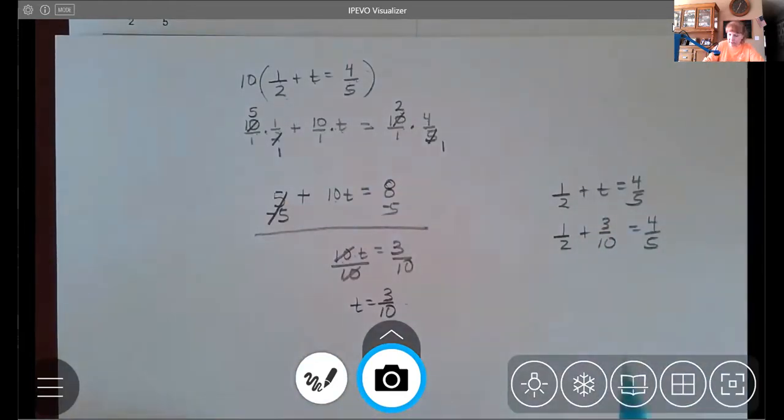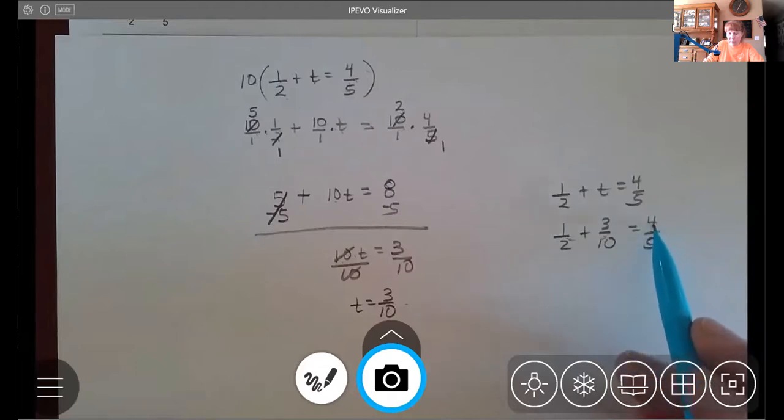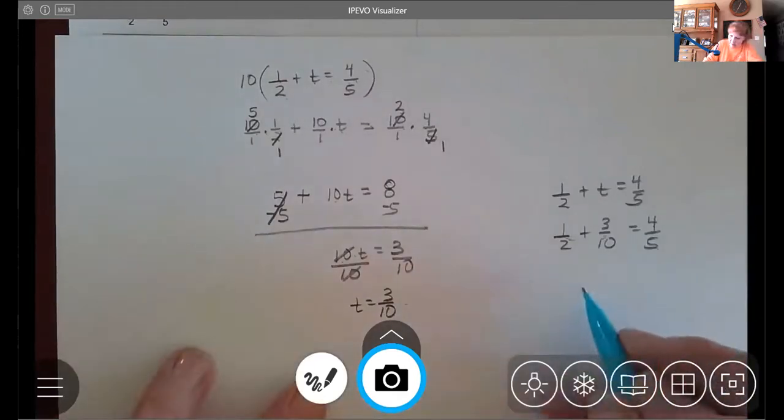If you had a scientific calculator, you could add those and you would come up with 4/5. And it does work.